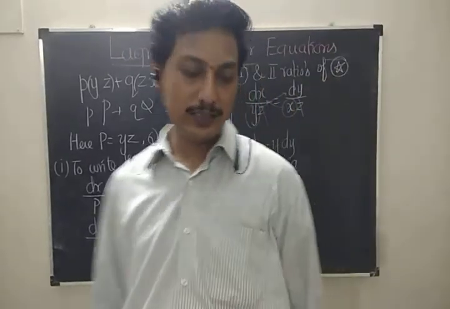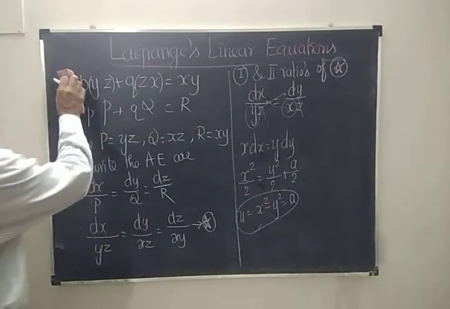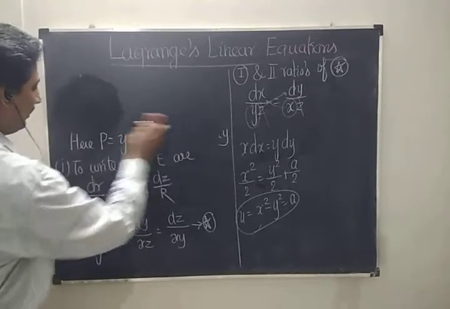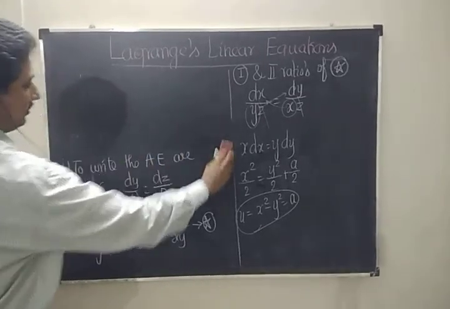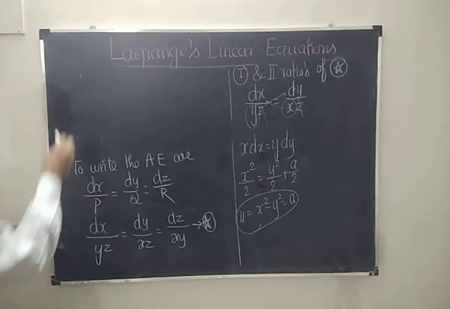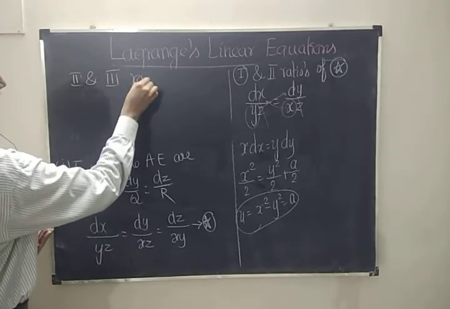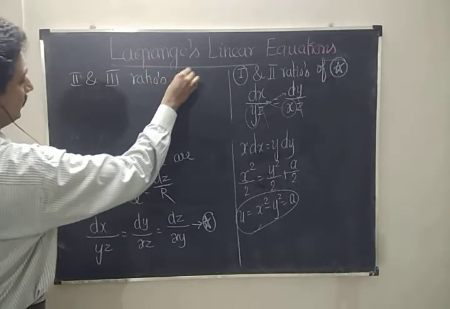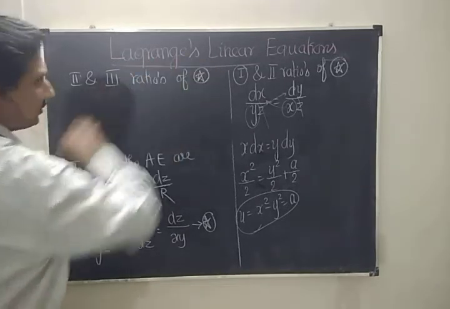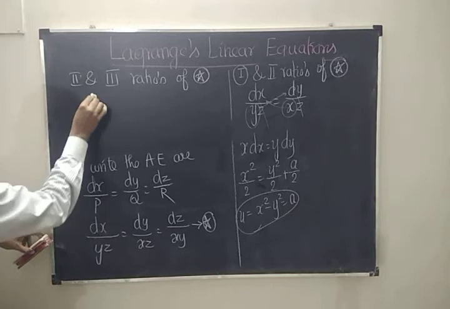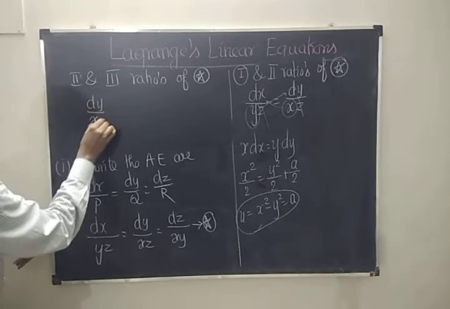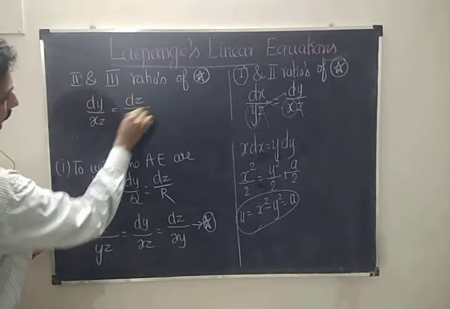Let us try the other possibilities from the given superstar equation. Can I choose the second and third ratios? What is the second one? That is dy by xz, and the third one is dz by xy.